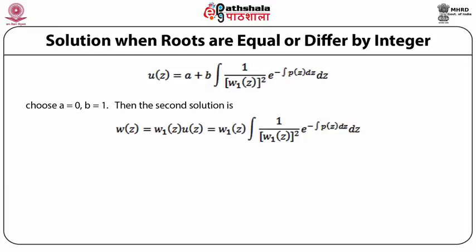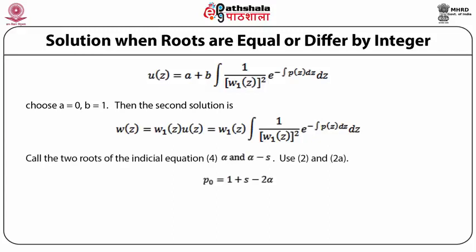Hence, the second solution to our differential equation is wz is equal to w1z into uz, which is in turn equal to w1z into the integral of 1 divided by w1z square into e raised to power minus integral of pz dz.